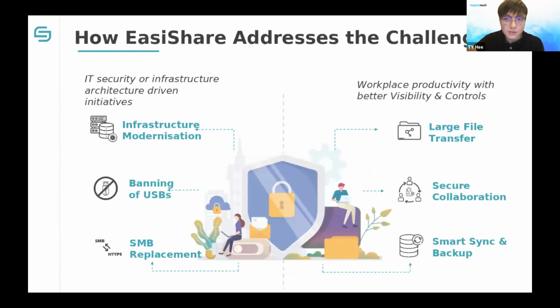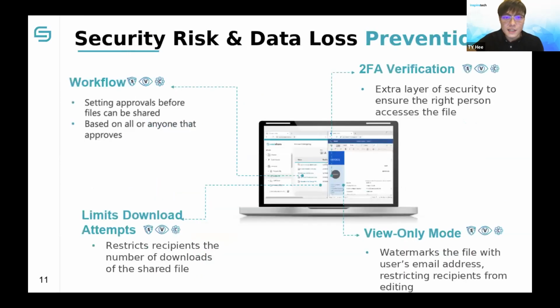So how EasiShare addresses the challenges we mentioned earlier. For security risk and data loss prevention, we can use workflow settings, with approvals before files can be shared, based on all or anyone approving.